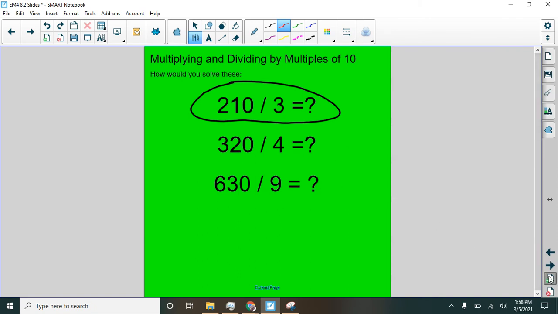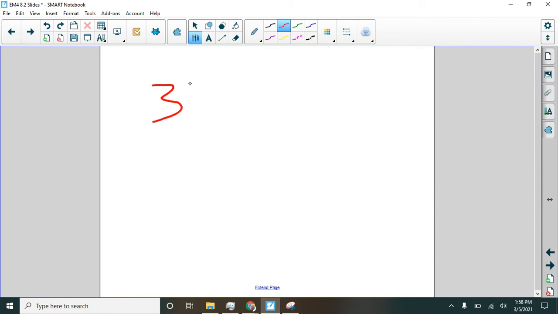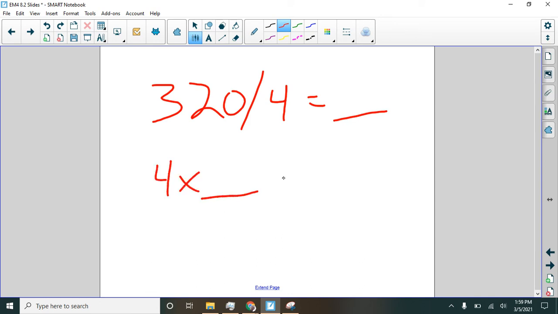Let's do the next one together. 320 divided by 4. Okay, what is the multiplication problem to help you? 4 times something equals 320.